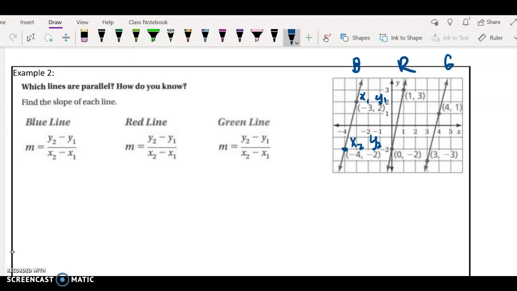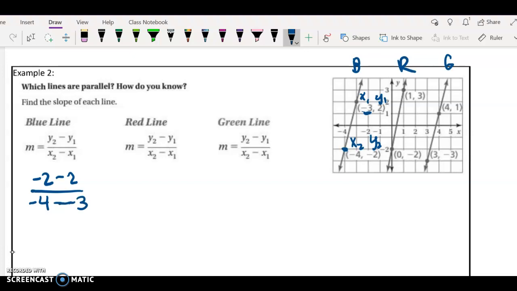So we have m equals y2, which we said was -2, minus my y1, which we said was 2, over my x2, which was -4, minus my x1, which we said was -3.